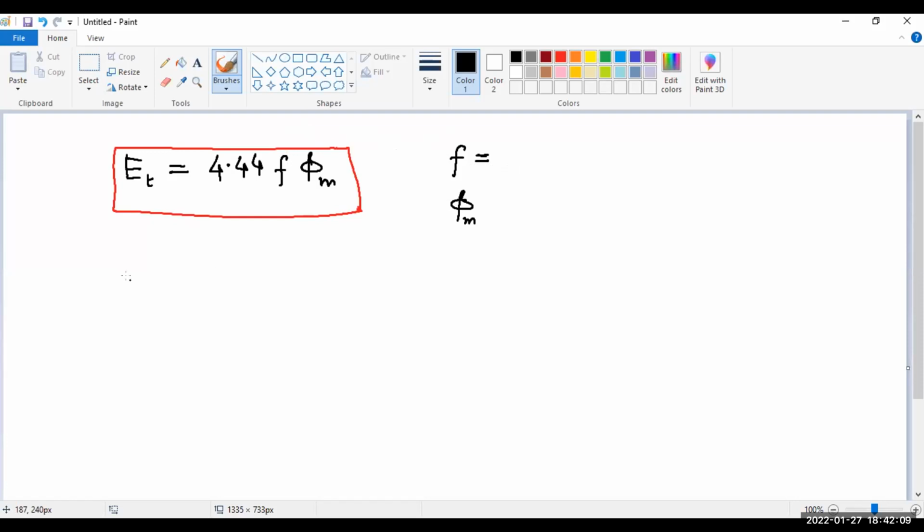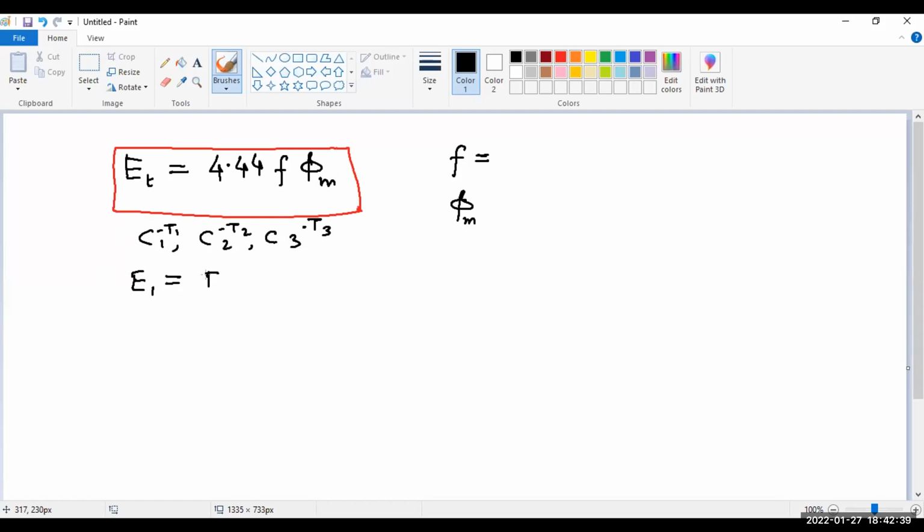Now, how do we get the primary voltage and secondary voltage? That is very easy. Suppose you have coil 1, coil 2, coil 3. Suppose coil 1 has T1 turns, and this is T2 and this is T3. So you have 3 coils in a transformer. Then how will you measure E1?